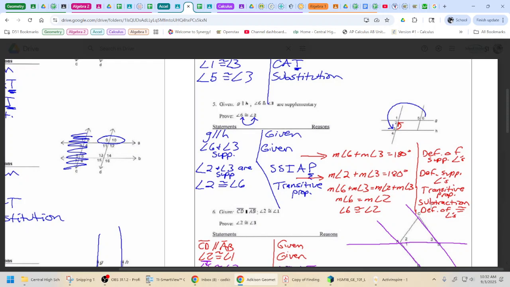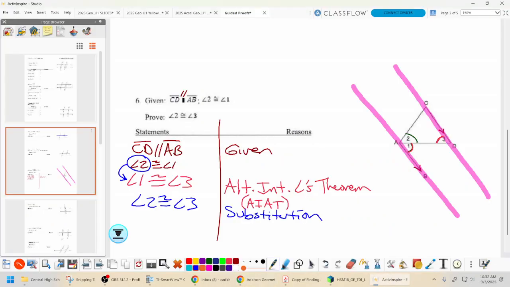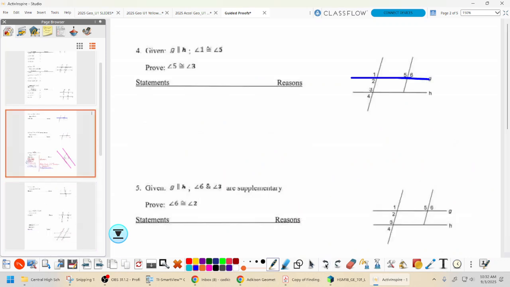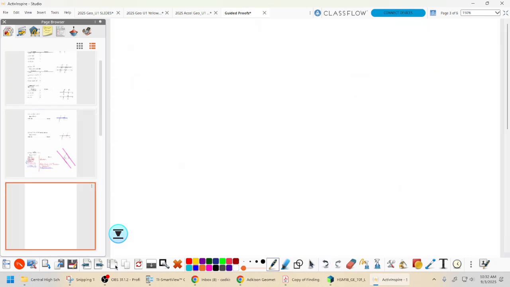I do kind of want to write that statement out. Here's what I just said and what I mean by it. If I have angle 6 plus angle 3 is congruent to angle 3 plus angle 7, you can't do algebra on this.